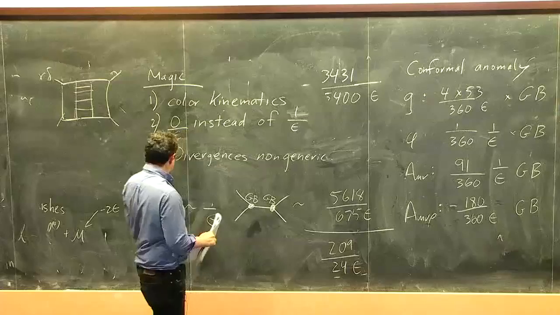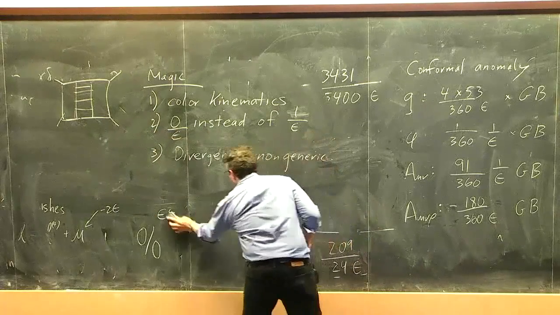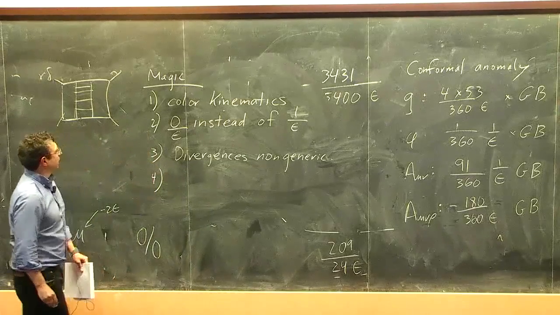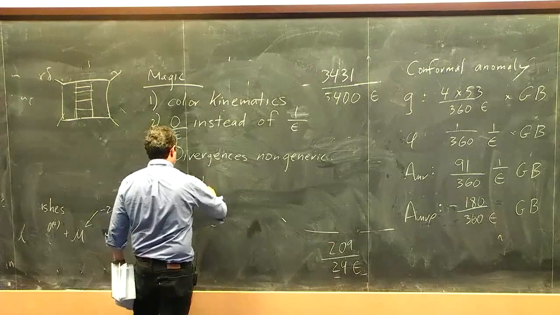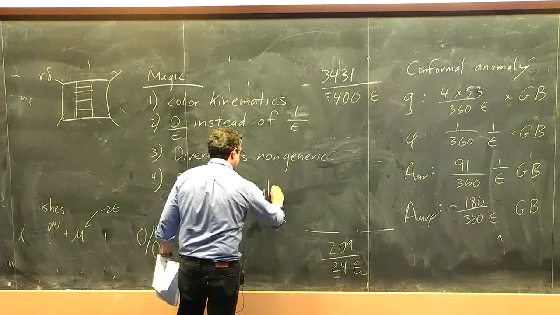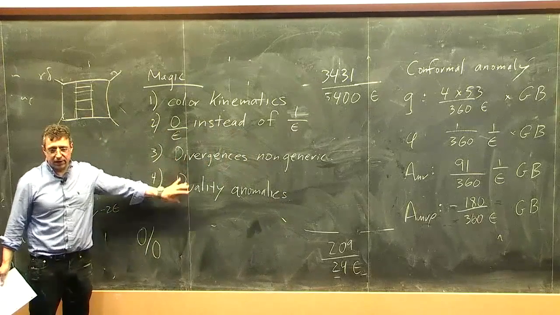And then maybe the last point is that there's also a very curious, call it duality anomalies. This has been discussed in the literature, but I think once you start looking at two loops, the picture becomes a lot clearer.